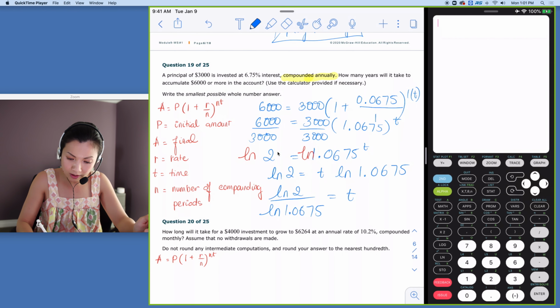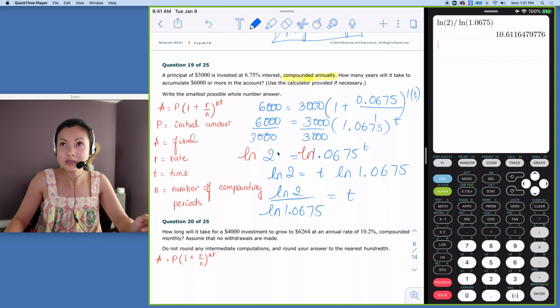So what I have is ln2, I'm going to close the parenthesis there. ln2 divided by ln 1.0675.